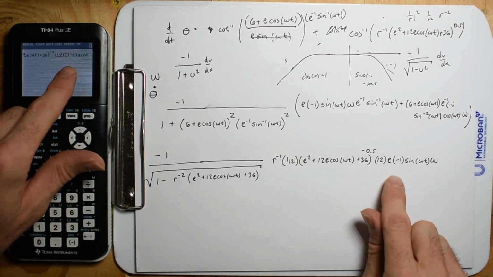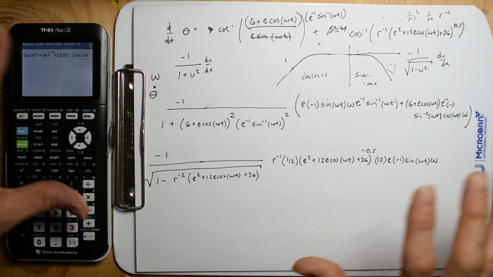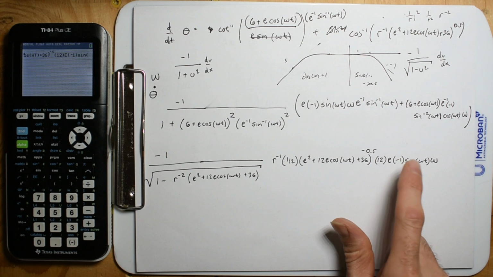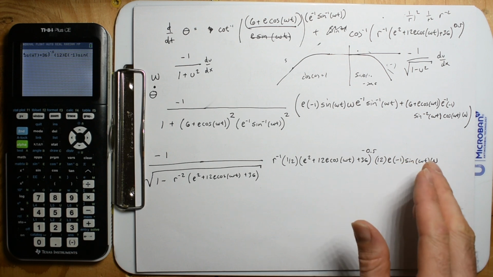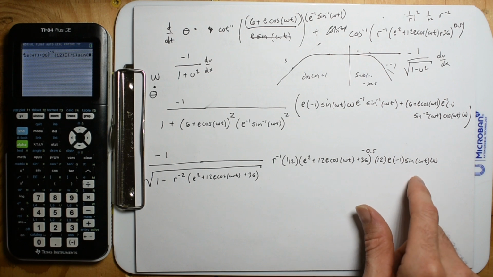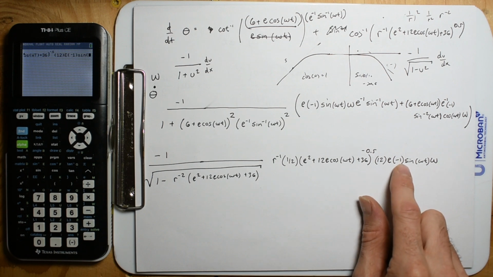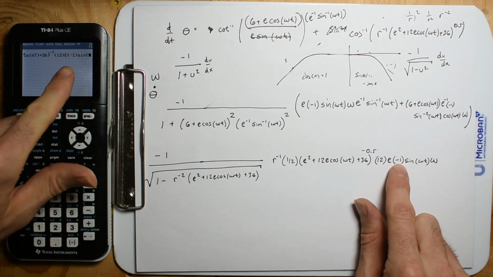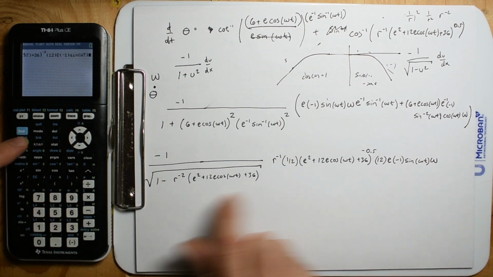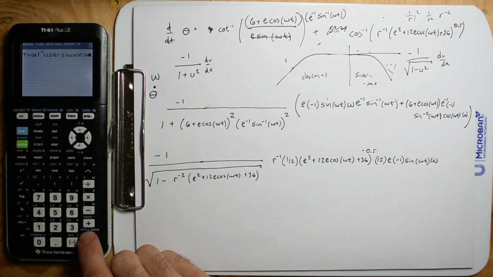And see how I bracket in the negatives like this? It's the only way I can keep track of them, because this is not a minus. It's just a multiplication that you're multiplying it by. We have a negative sign. Negative 1 sine omega t, and then omega. Holy hell, we did it.